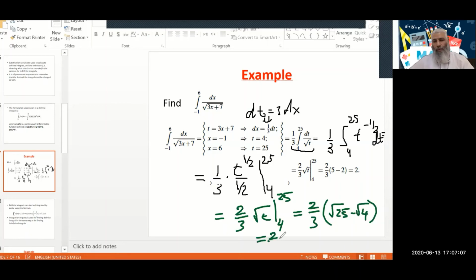Root 25 is 5 minus root 4 is 2, so 2/3 times 3 is 2. He didn't go back to x and put root x instead of t. No, he just worked with t.